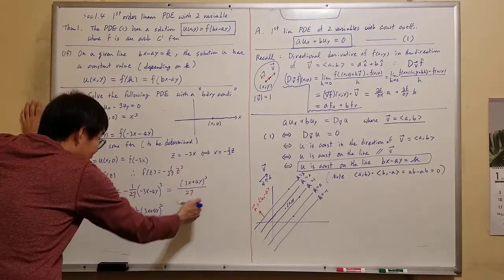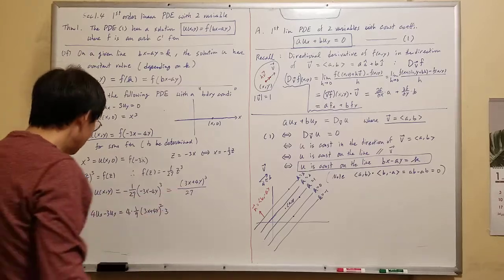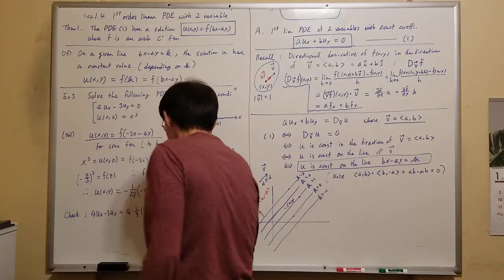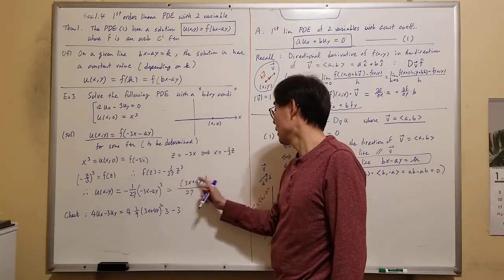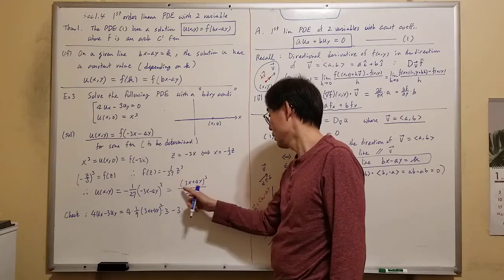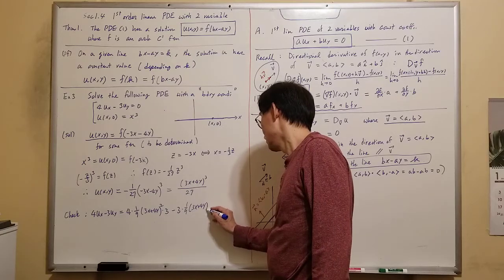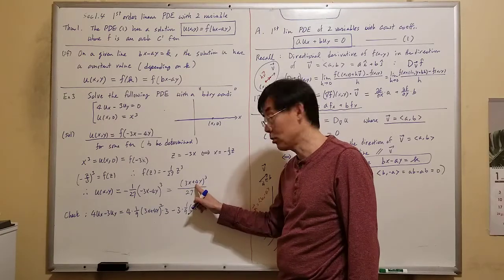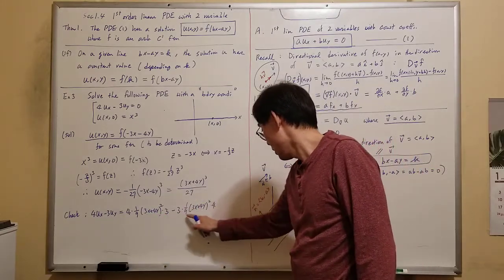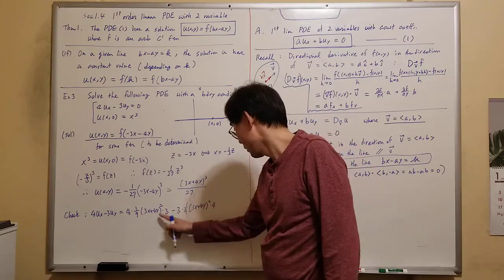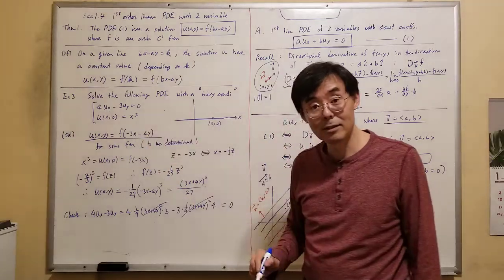X partial derivative inside, which is 3. Okay? Chain rule. Minus 3 times, now y partial of this. Again, using chain rule, derivative of the outside function, 3 times this thing squared, 3 cancel, so 1 over 9, whatever the inside, second power, times the y partial derivative inside, which is 4. So what do you see? These are equal. 12 over 9, 12 over 9, same thing. As we expected. Indeed, this one satisfies this.